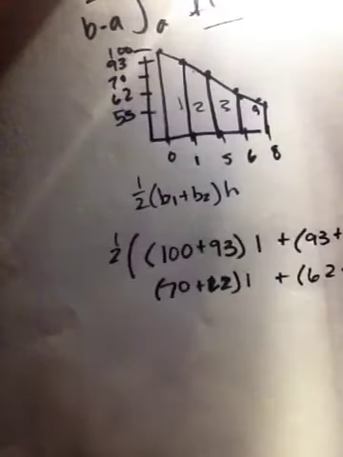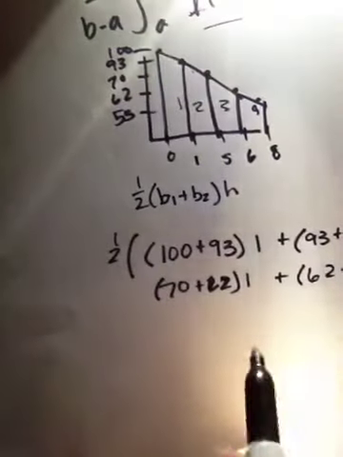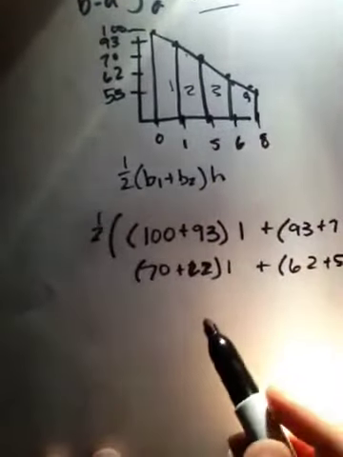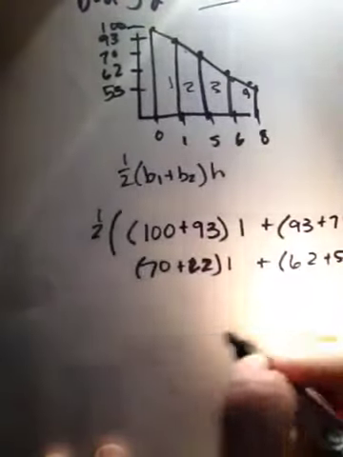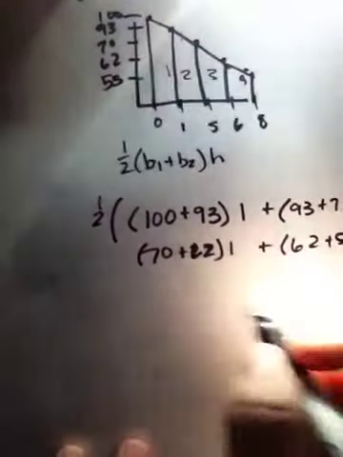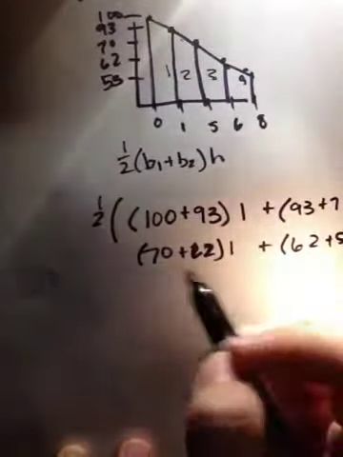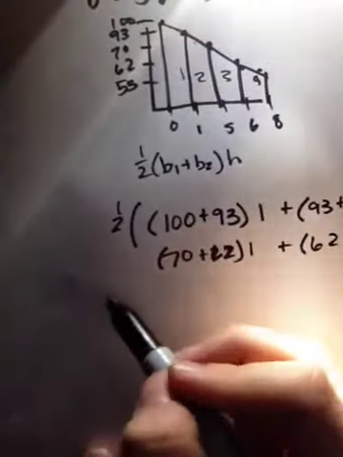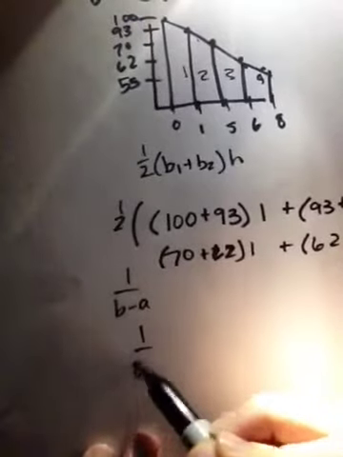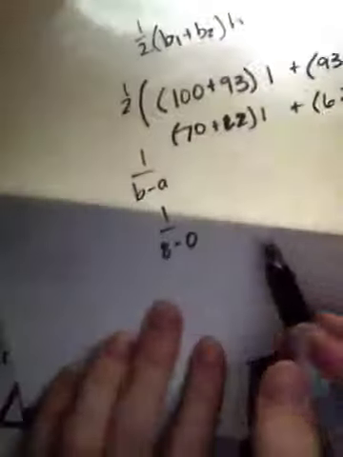And so when you plug all of that in, and then you divide it by 2, you can plug all that into a calculator, and then keep in mind you have 1 over B minus A, which is 1 over 8 minus 0.